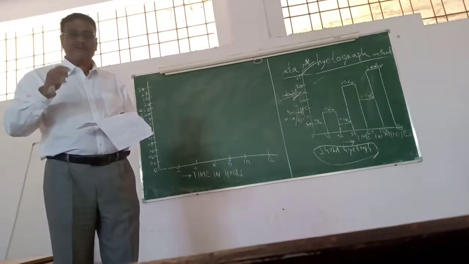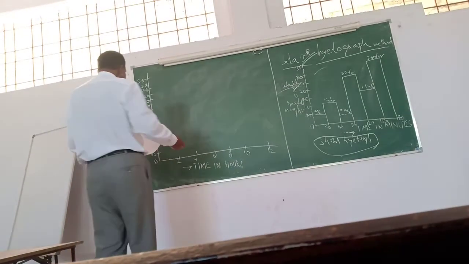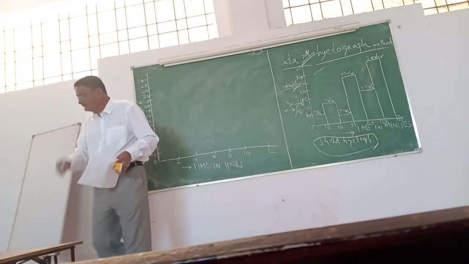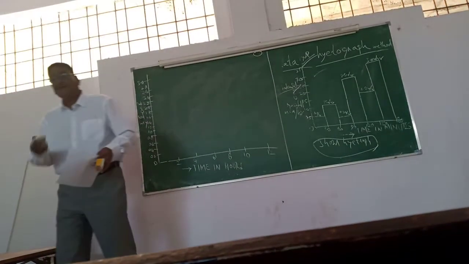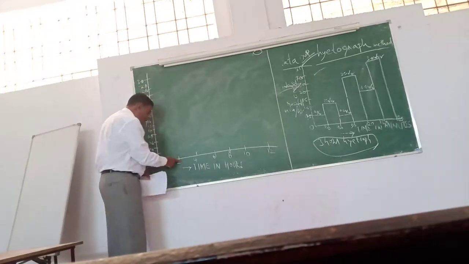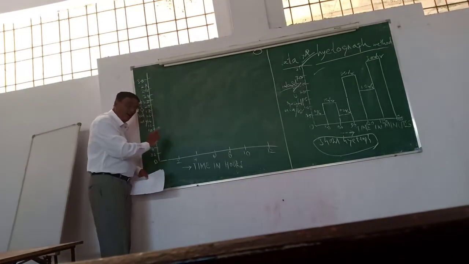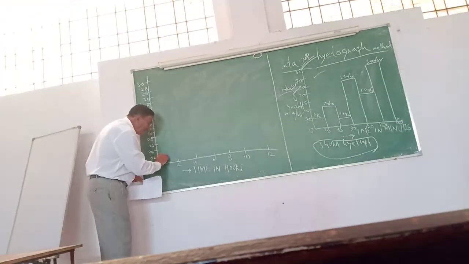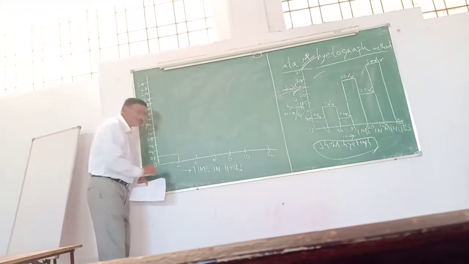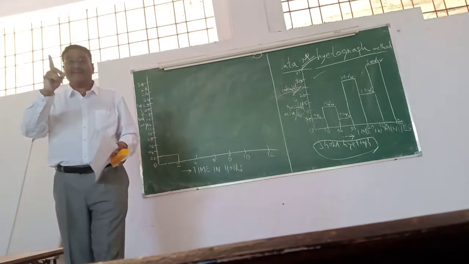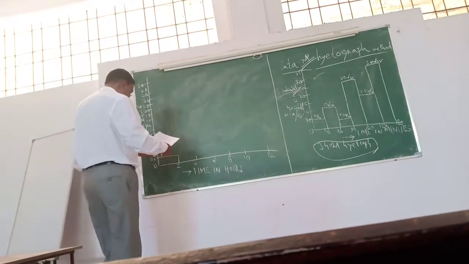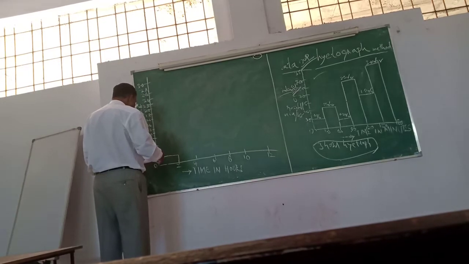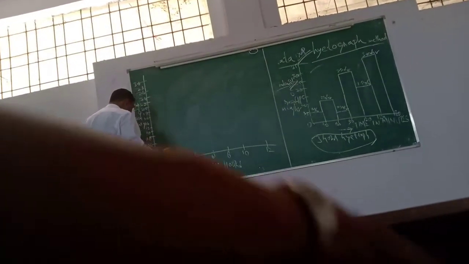2 hours, 4 hours. For the first 2 hours, the rainfall is, for example, 0.4. Correct, okay. Good. Look at this. For the first 2 hours, the rainfall was 0.2 centimeter per hour. Sorry, not 0.2.